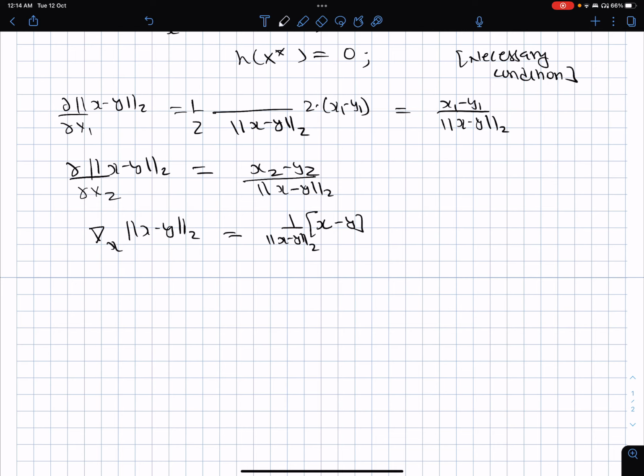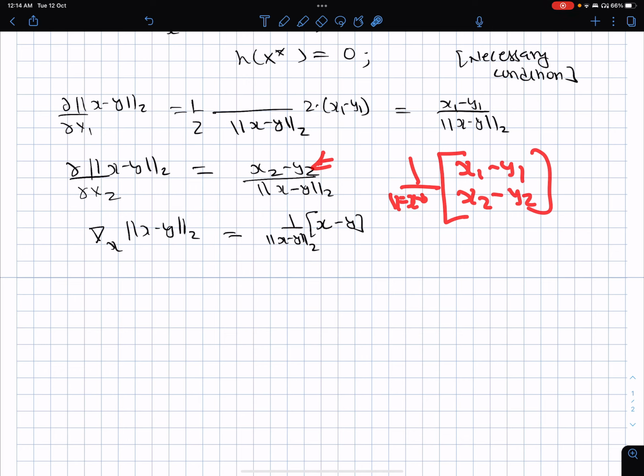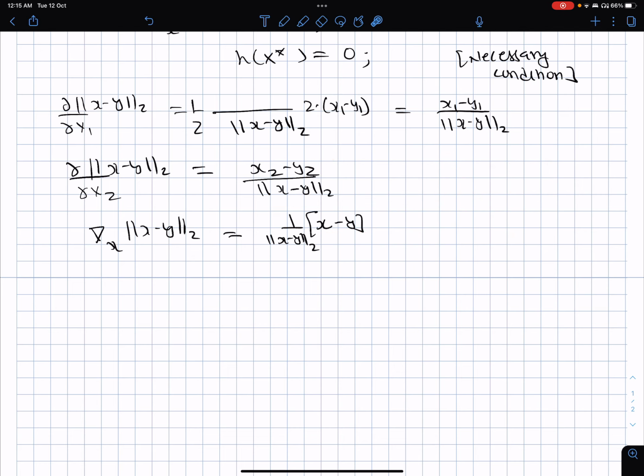Why? Because you will keep x1 minus y1 as the first coordinate, then x2 minus y2 as the second coordinate, and x minus y is the common term here. This is nothing but the vector x minus vector y, which is what I have written here, divided by its length, which is also the unit vector in the direction x minus y. Because the same vector is being divided by its length.